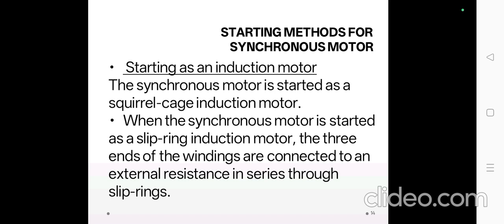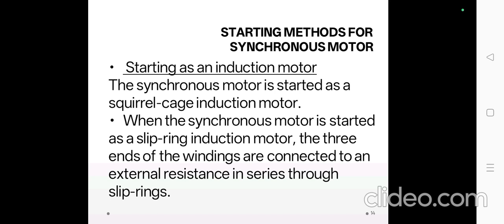The three ends of this winding are brought out through slip rings. An external rheostat can then be introduced in series with the rotor circuit. So when the stator is excited, the motor starts as a slip ring induction motor, and the resistance added to the rotor provides high starting torque. The resistance is then gradually cut off.